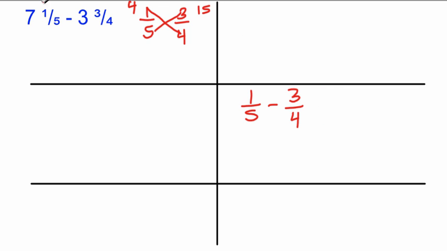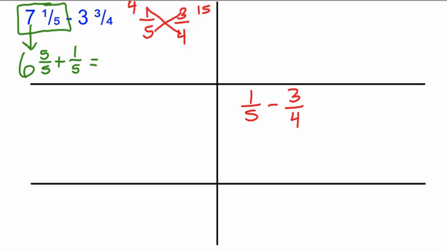So looking at 7 1/5, that first number, I'm going to go ahead and rename that. I'm going to change my 7, and I'm going to bring it down to 6 5/5, because that's what our denominator is, so our whole would be 5 out of 5. 6 5/5 is equivalent to 7. And then I can't forget to add in this 1/5 here that I still had in the previous mixed number.